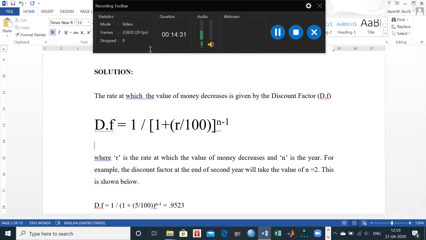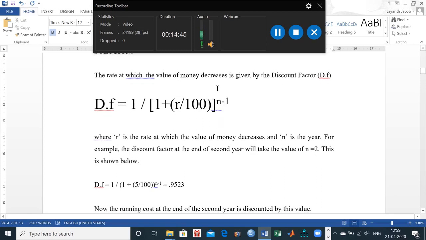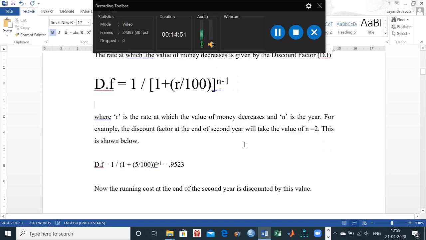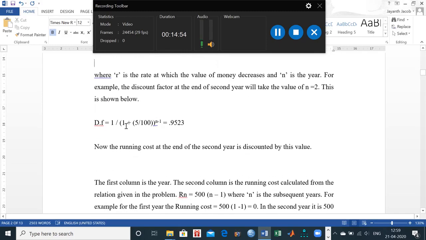The discount factor is 1 divided by (1 + r/100) to the power of n minus 1, where n is the year. So in the first year n is 1, so the entire denominator will be 1, and 1 by 1, the discount factor for the first year, is 1. For the second year, which I had already spoken about a little earlier in the same video, the discount factor is 0.9523, and so on.